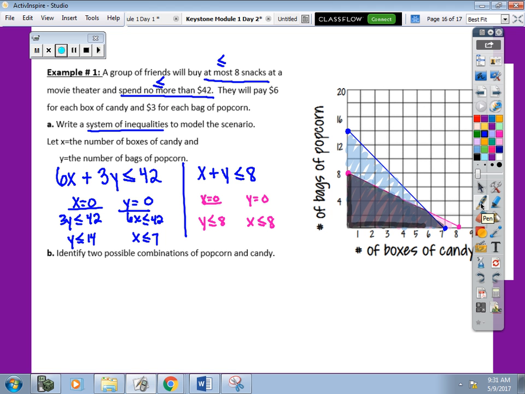So for example, 2, 4, or 4, 2 would also work. But there are also obviously lots of combinations like 1, 2, 1, 1, 1, 3, 1, 4, 1, 5. You could even pick something on the solid line because it's not dashed. And that's how we would solve a word problem involving systems of inequalities.